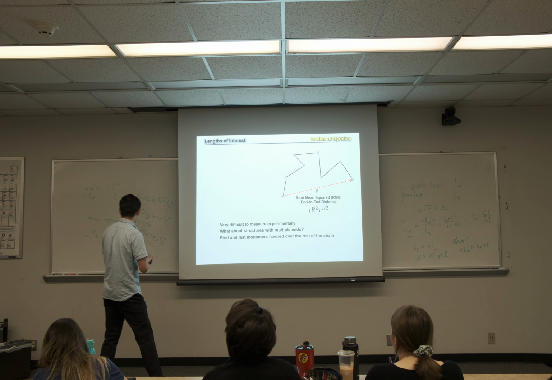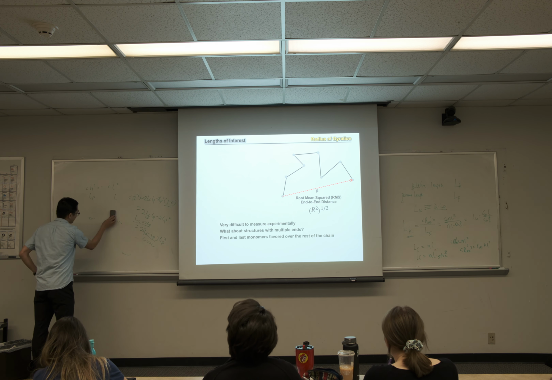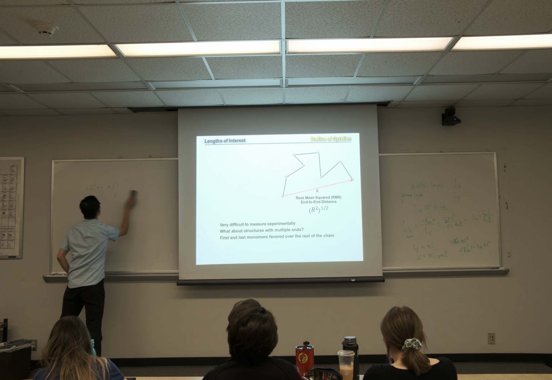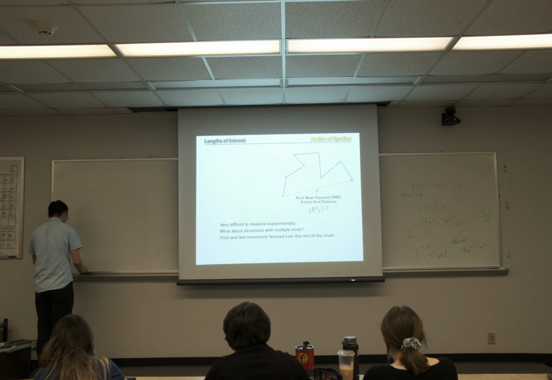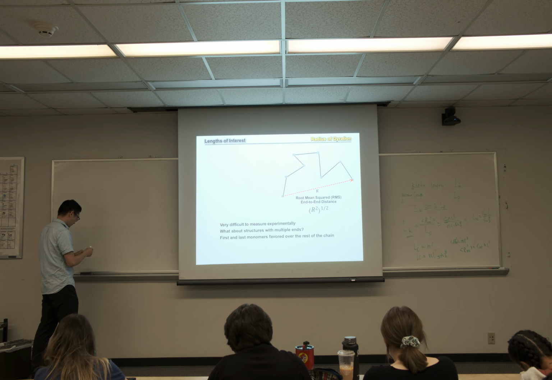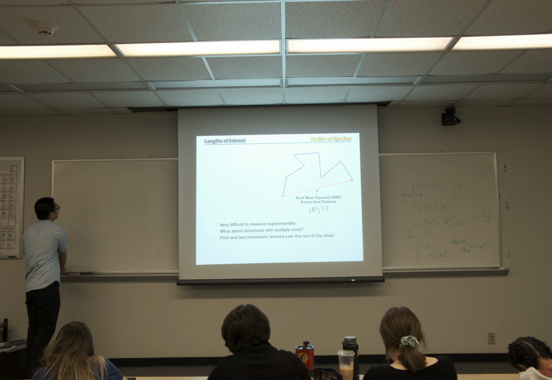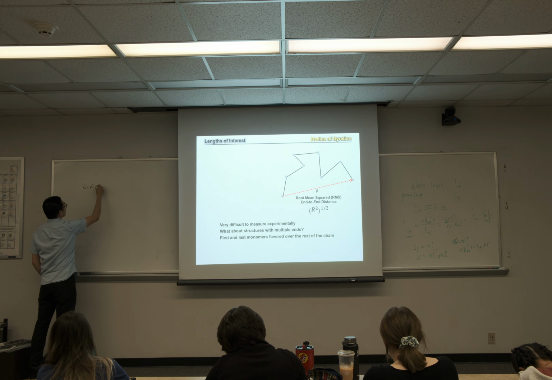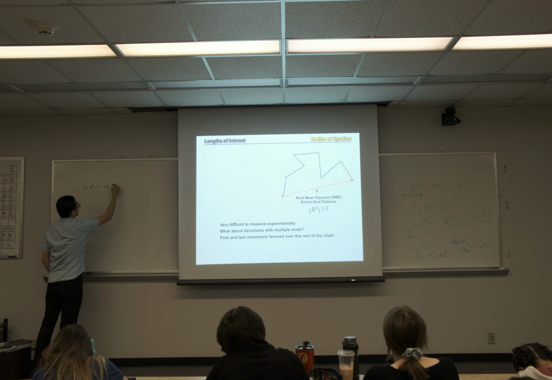As a matter of fact, I'll tell you exactly what we're going to do today. We're going to measure a parameter called radius of gyration. Let's try not to use a pink color. So we're going to use radius of gyration.